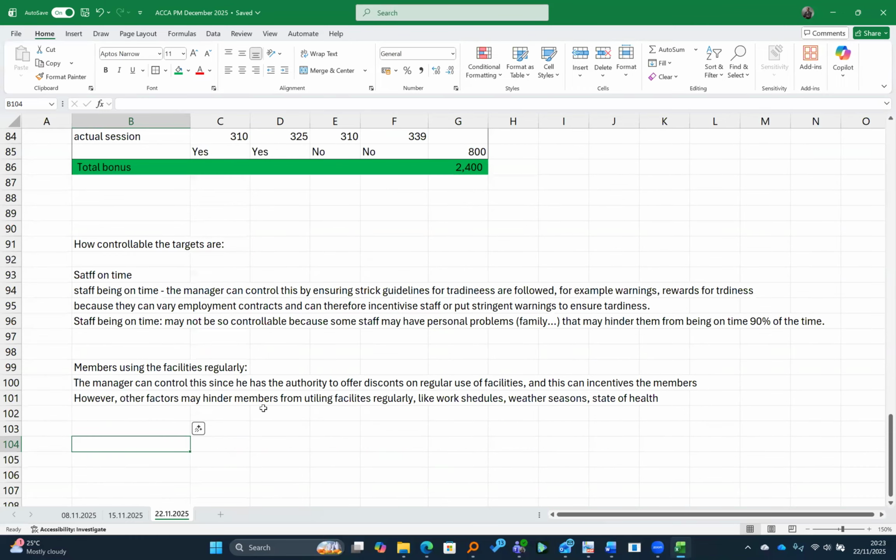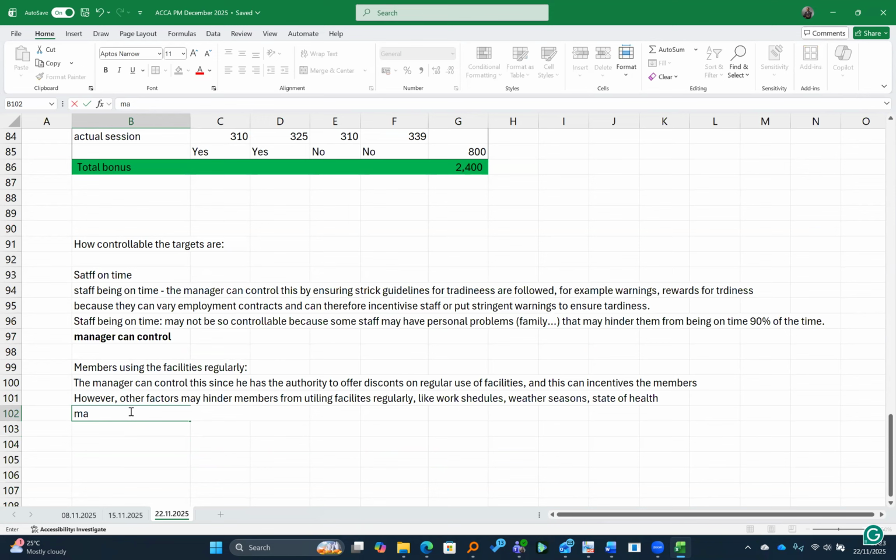So basically, remember we're supposed to say whether the manager has some kind of control. So here manager can control really, because if you can't control your staff to be on time, then there may be a problem.